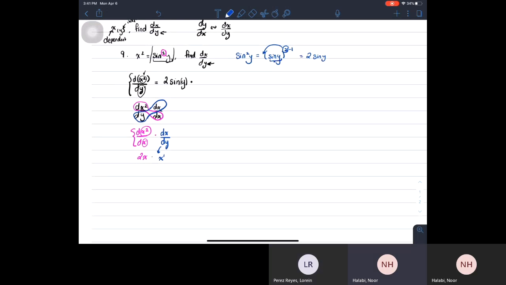We still need to take the derivative of this guy, so it's going to be multiplied by cosine of y. The cosine y comes from the derivative of sine. It's a chain rule, you're right. It definitely is.